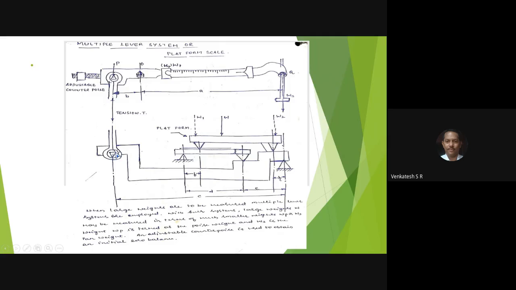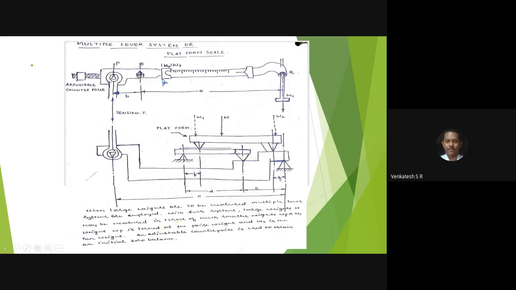This main lever is connected to tension rod T with the help of the triangular sharp edge. Due to this, the tension rod moves in the downward direction, which pulls the beam downward. Due to this, the beam moves up and down.